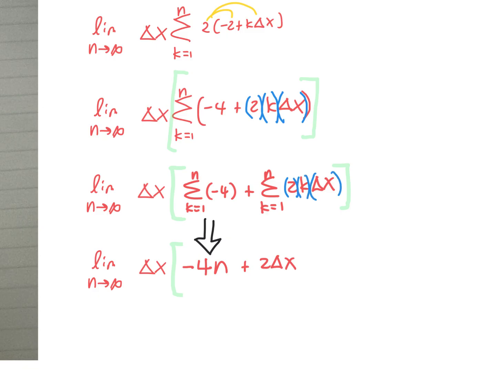Part of the reason I'm saying that is because the delta x can be kind of confusing. We're not used to seeing that, but it's important to recognize that it's just some number, and we found an expression for it earlier. So this is 2 times delta x, and that is going to be such that we have this with just a k there, right?